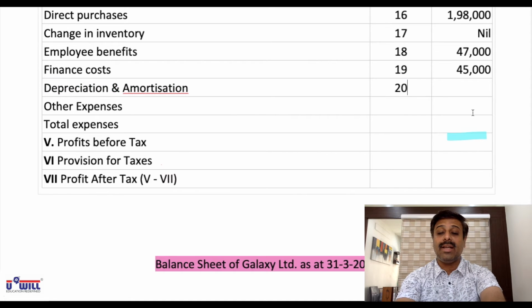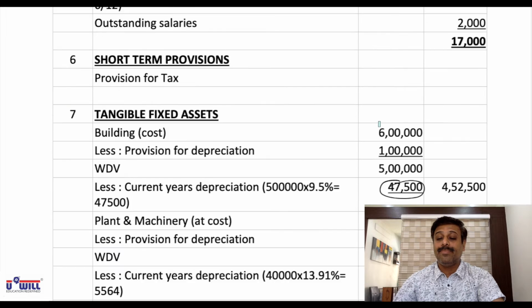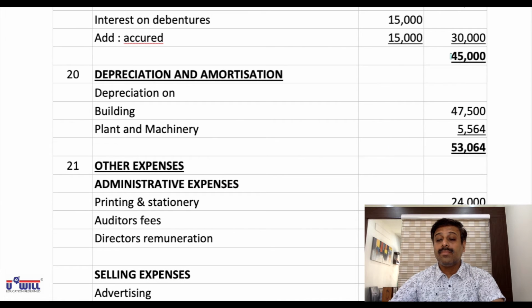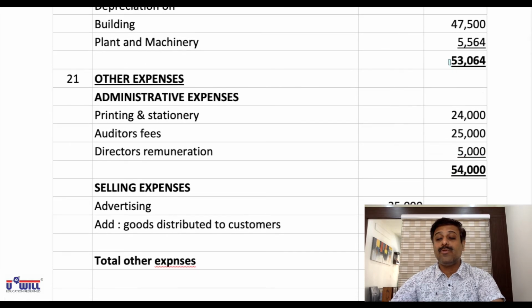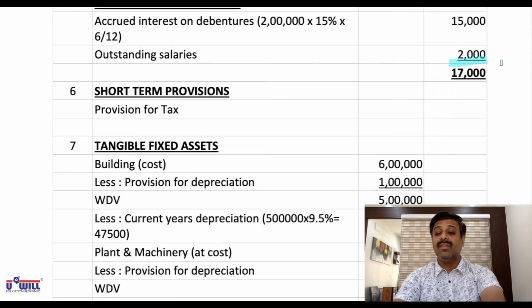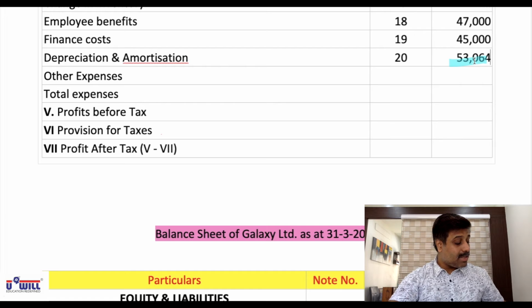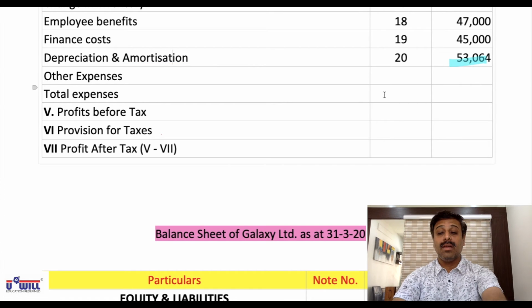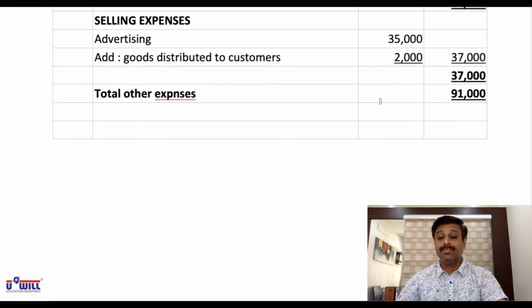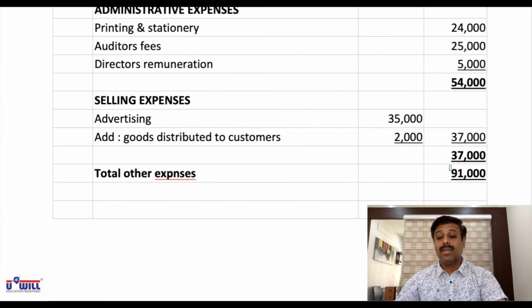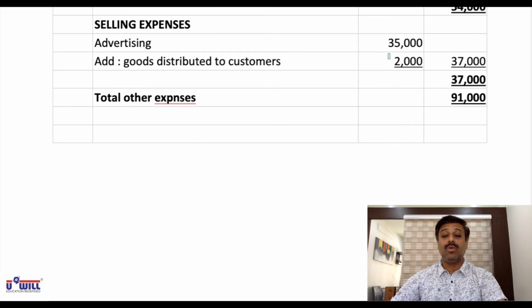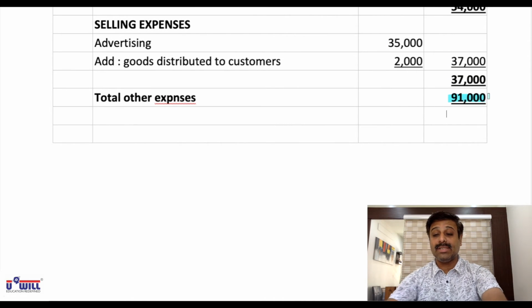Then depreciation and amortization, we have note number 20, that is 53,064. Then after depreciation and amortization, we have other expenses as per note number 21, 91,000.